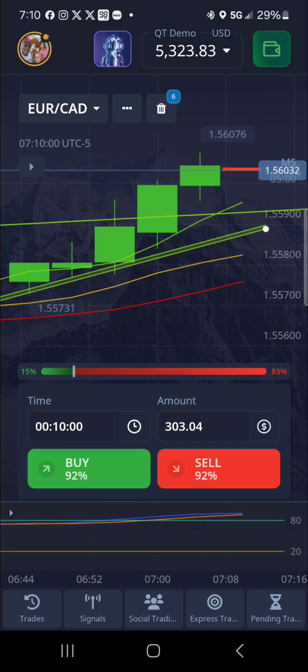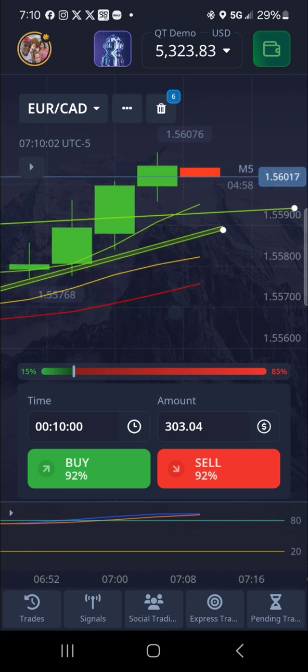You want to wait for a good candle to know what's going to happen, and that wasn't a good one. It's kind of a doji candle right there. Even though there's a lot of volume going on, it's still a doji candle, so you can't really tell what's going to happen with a candle like that. So I'm not going to play it. I'm going to wait for a better opportunity somewhere else.